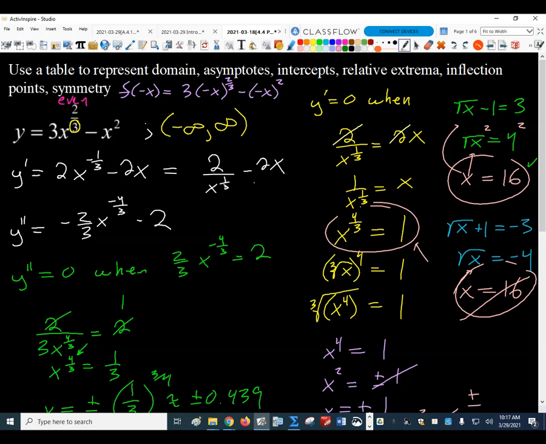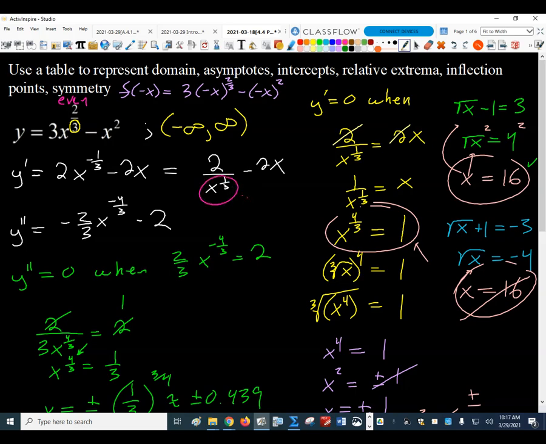Yeah, I'm dividing by x to the 1/3, right? So what value would have to be excluded? What value would make the first derivative undefined? 0, right? Because look, I've got an x on the bottom and I can't divide by 0. Okay, so we got another critical number then.